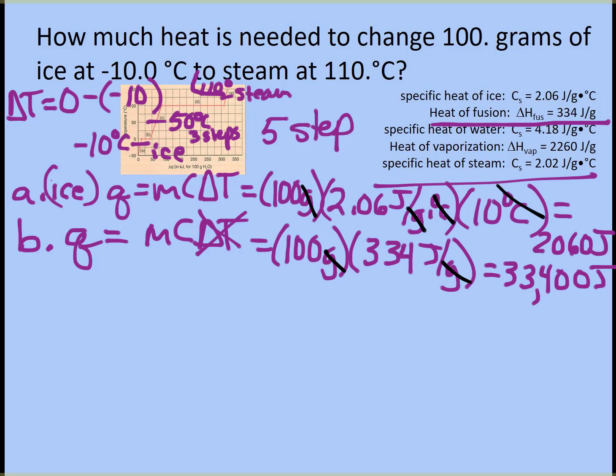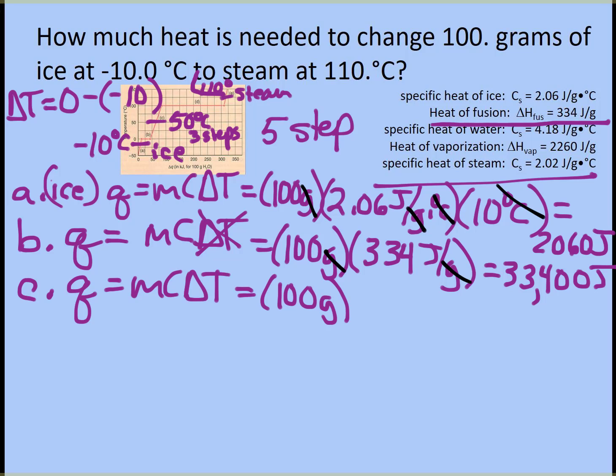All right, now that we've melted that ice, it's at the liquid state, so I'm at 0 degrees Celsius as a liquid. Go back to my formula. My mass is still 100 grams. My constant is different; this is the specific heat. My final temperature is 100 degrees Celsius because at that point it's going to boil, so I'm just in the water phase.